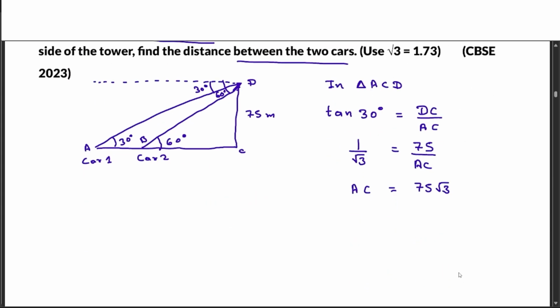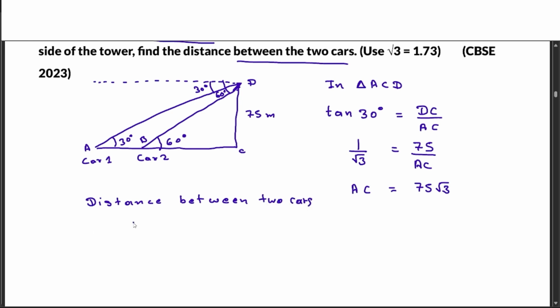Now, same way, here it is saying to find the distance between them. Okay. So here for finding the distance between both the cars, how we can find the distance between two cars.